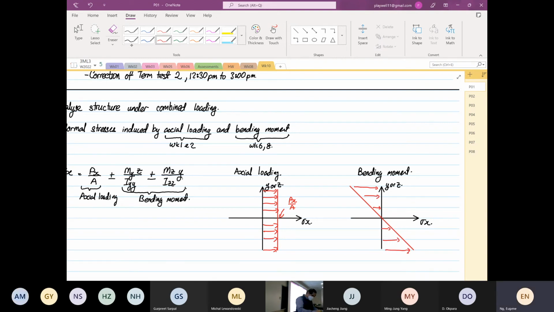This axis over here, at this position, is our centroid.